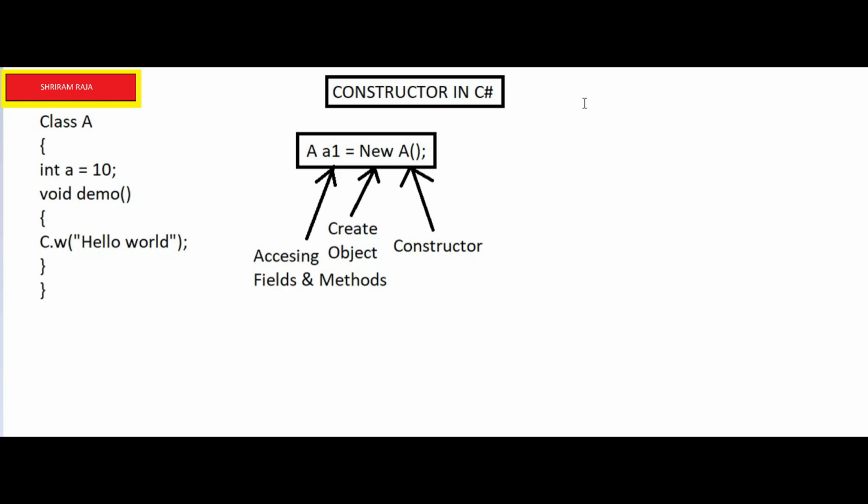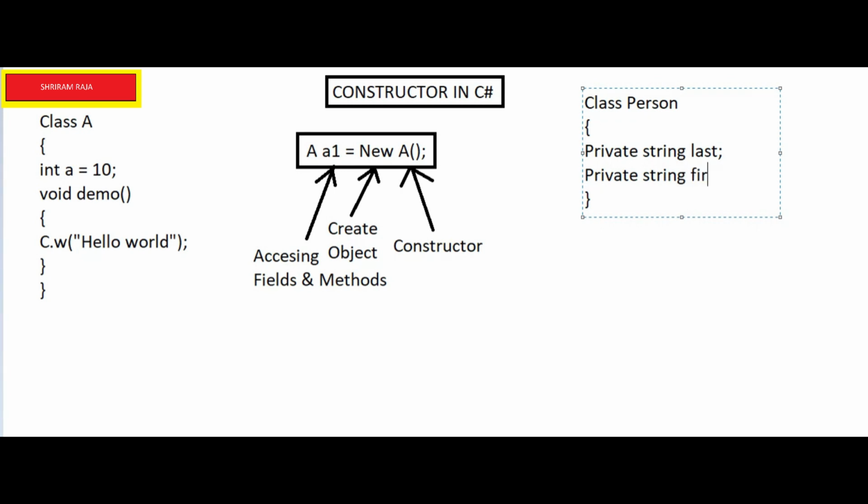Let's see one example. Class person. Private string last. Private string first. So the constructor name will always be the same as the class name.